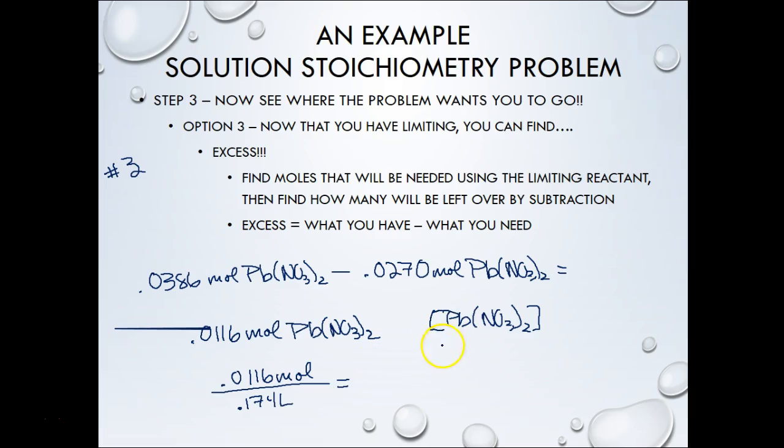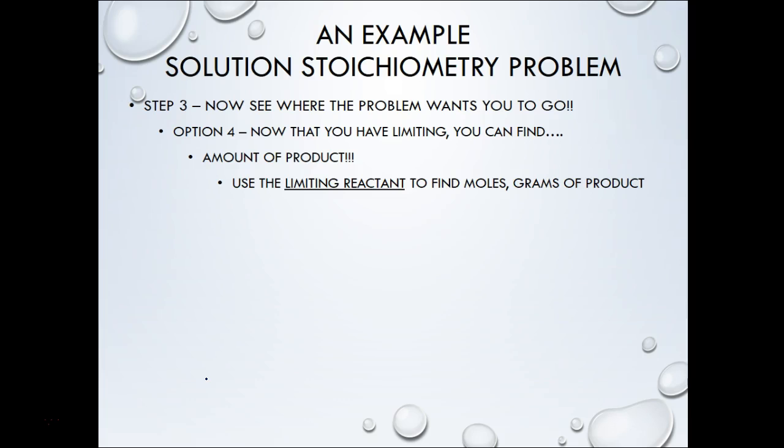That means that we have a total concentration of 0.0667 molar PbNO3. So there are still lead ions running around in that solution is what the point is, okay? So that was an extra problem. This was bonus. It wasn't something that was asked. It's just bonus, okay?